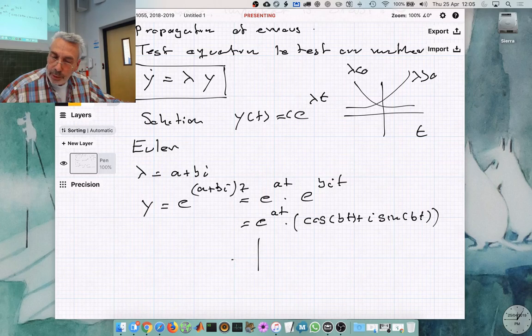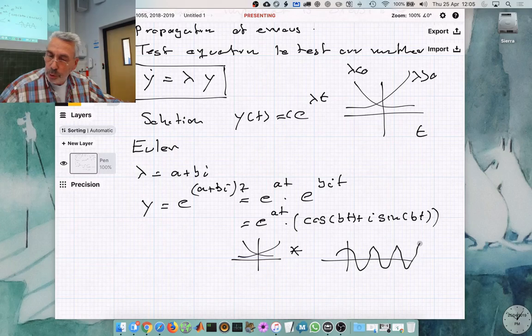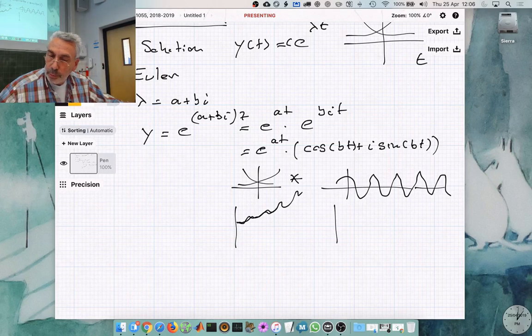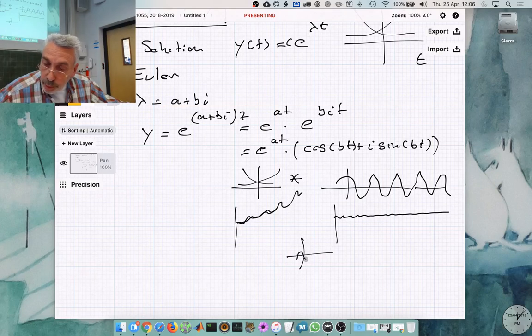So I have solutions like this, either growing, or something which is decaying, or maybe an intermediate one which is always zooming along.